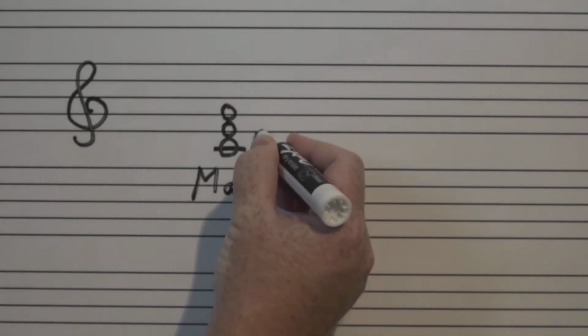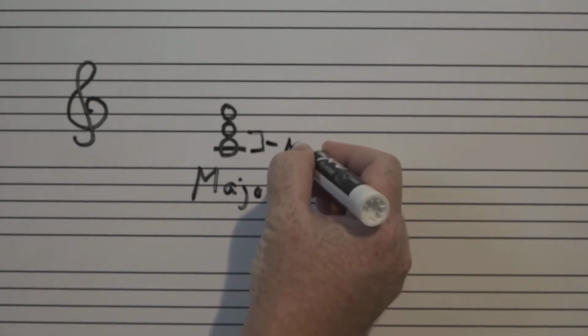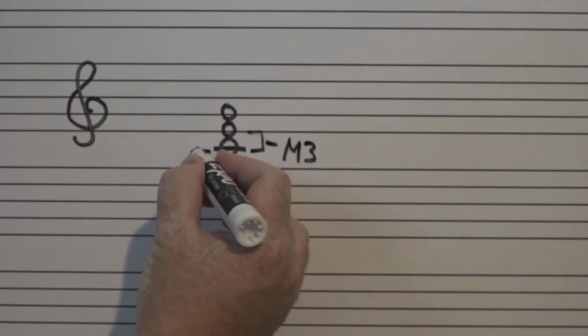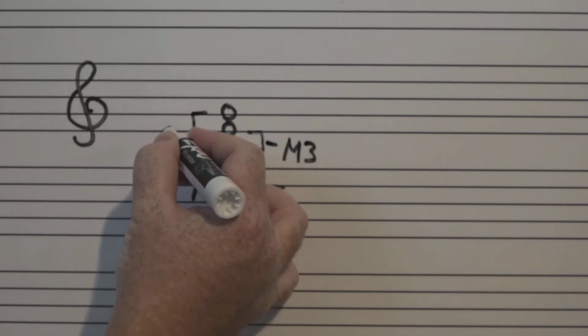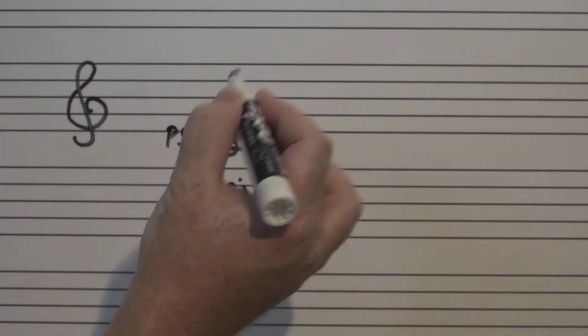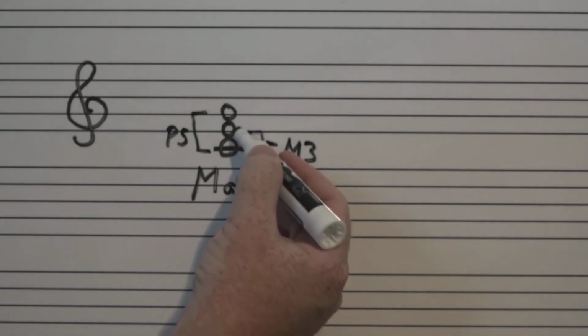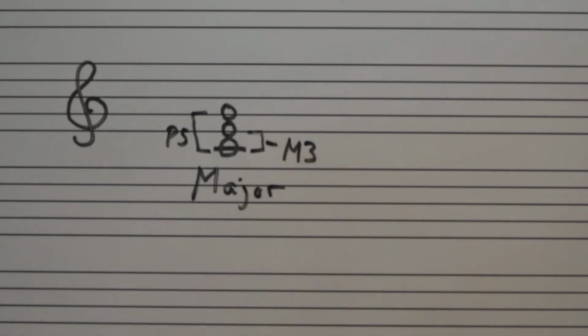Between the root and third, there is a major third. Between the root and fifth, there is a perfect fifth, just like we had in our intervals from scale degree 1 to scale degree 3 and scale degree 1 to scale degree 5. So that is a major triad.